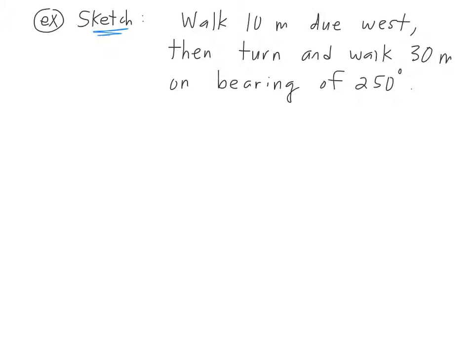Suppose you are walking 10 meters due west. We start here, and let's say we walk 10 meters west. The arrow indicates that we're traveling that direction. Then we're told that we turn and walk 30 meters on a bearing of 250 degrees.